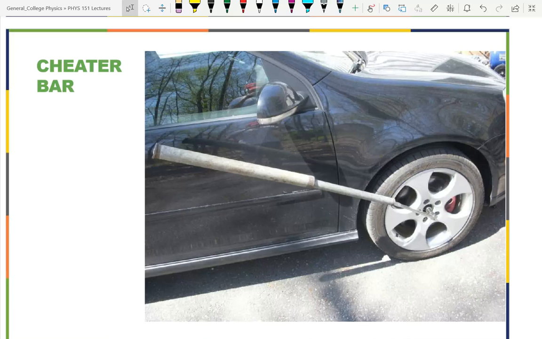I increased the lever arm, and torque is R cross F. You increase the R, you increase the torque. And so that is another example of a simple machine, just increasing the angle or the lever arm.